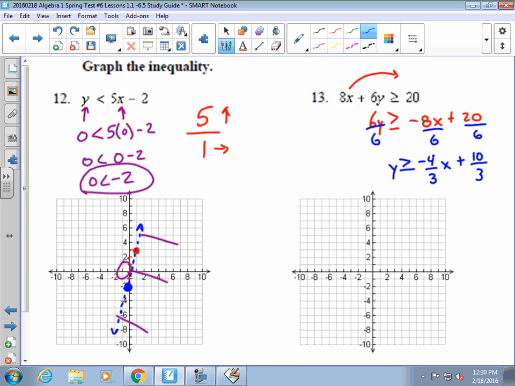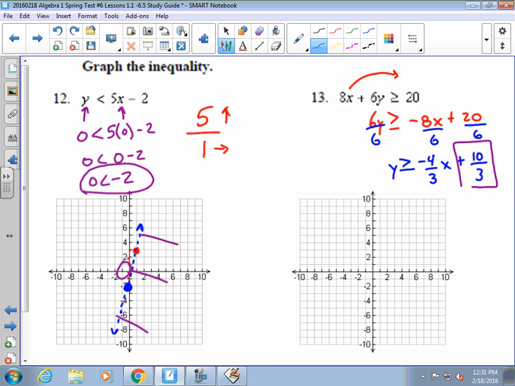So now it says y equals mx plus b, or in this case y is greater than or equal to mx plus b, where your m value is negative 4 over 3 and your b value is 10 over 3. With this b value being a fraction like this, 10 over 3, in order to use that as your y-intercept or your b value where you begin, you need to look at it as a mixed number instead. 3 goes into the number 10 3 times, and there's 1/3 left over.